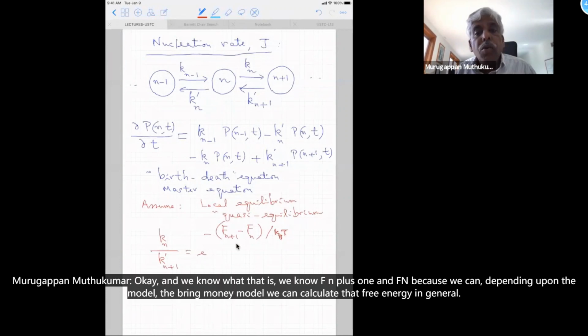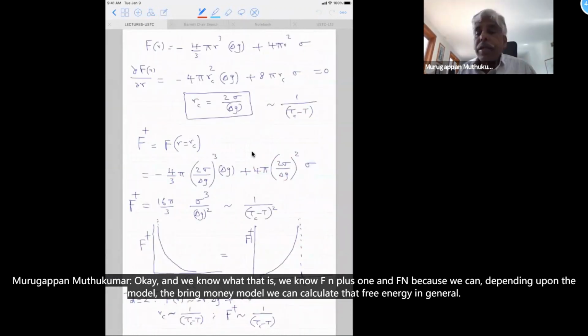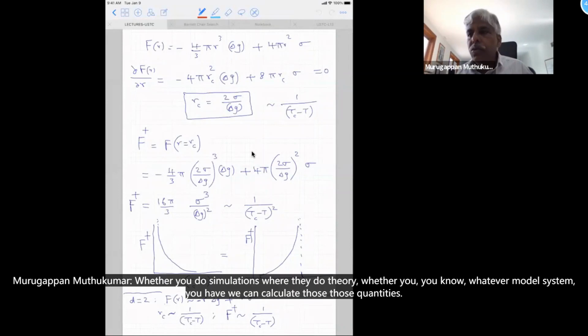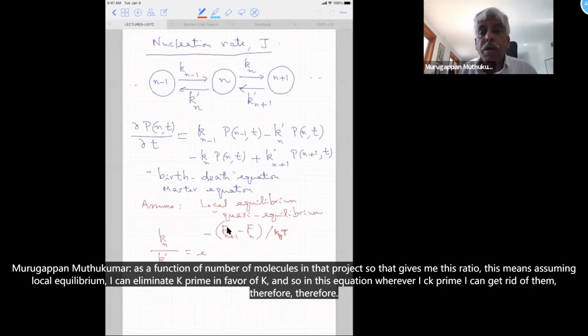We know Fn plus 1 and Fn because, depending upon the model, we can calculate that free energy in general. Whether you do simulations or theory, whatever model system you have, we can calculate those quantities as a function of the number of molecules in that droplet. So that gives me this ratio.